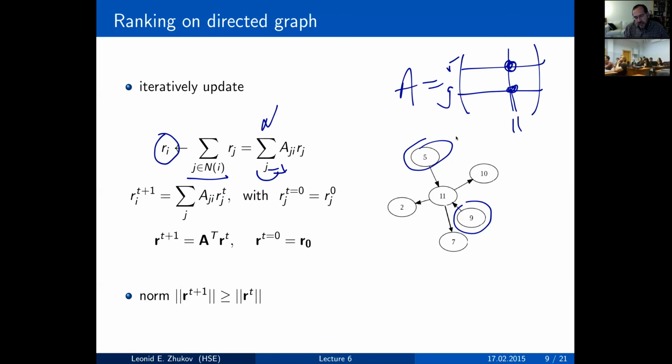And so please note that here it says A_ji R_j, not A_ij, as we used to. Well, the reason for that is because since we're computing the rank of the node i, we need to take the neighboring node j, and the elements of the matrix that go from node j to node i. And that's why it's A_ji.